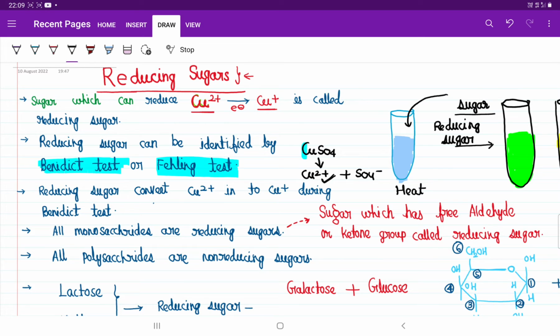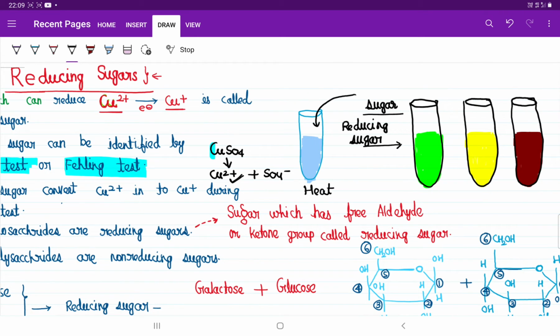Remember students, those sugars which have a free aldehyde or ketone group. You all know that carbohydrates are polyhydroxyaldehydes or polyhydroxyketones. That means carbohydrates have either an aldehyde group or a ketone group. Yes or no? Either aldehyde or ketone groups are present.